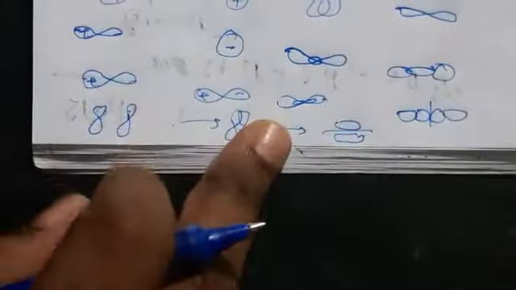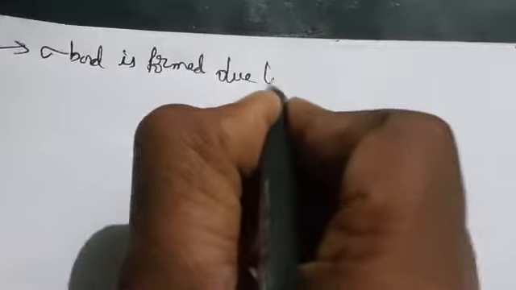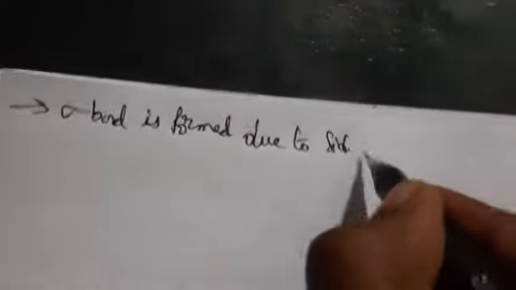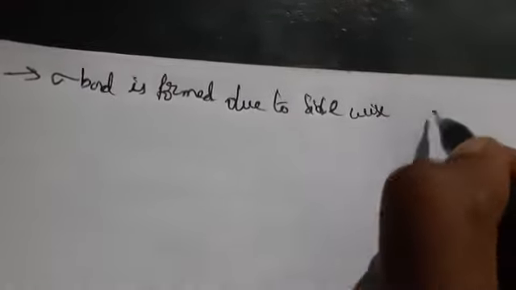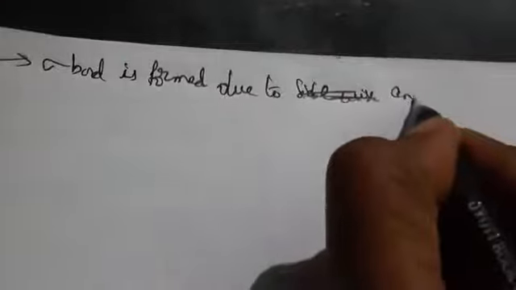Okay, so here the sigma bond is based upon the internuclear axis. Pi bond is sideway overlapping. How does the sigma bond form? Sigma bond is formed due to, sorry, end on end overlapping we can say.